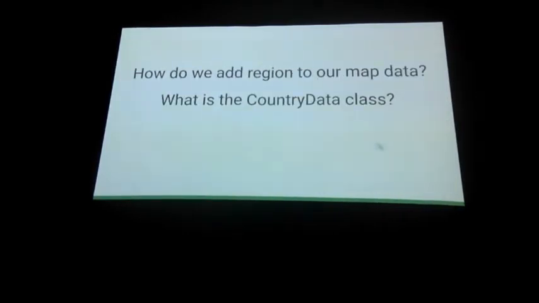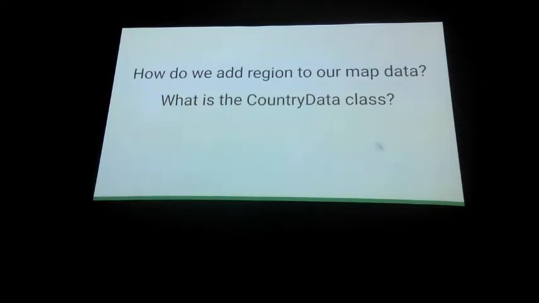So I noticed that there's a couple things that are a little unclear and also things that are kind of a problem spot for people getting started with the homework. Specifically, how do we add a region to our map data? And what is the country data class and how do we use it? You guys were all at lecture last Tuesday. I thought that the whole process of generating a geopath is going to be harder than it is.